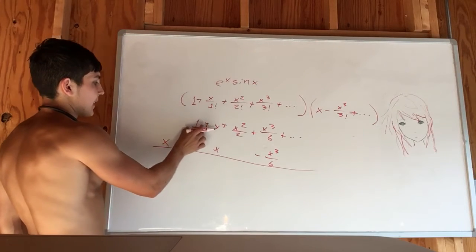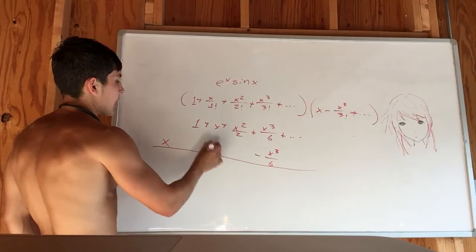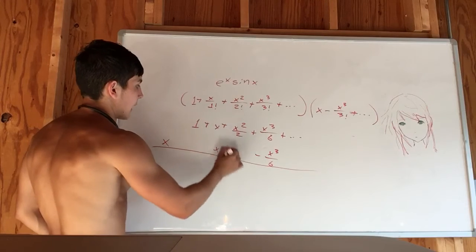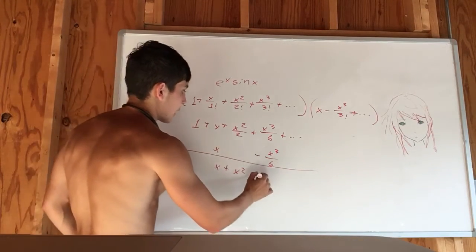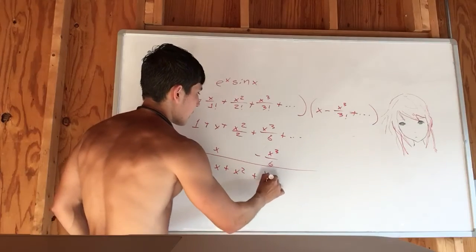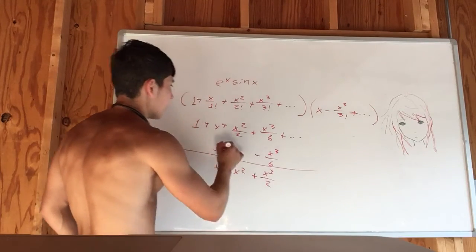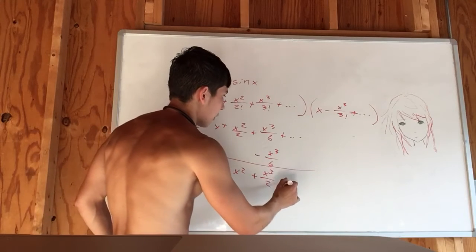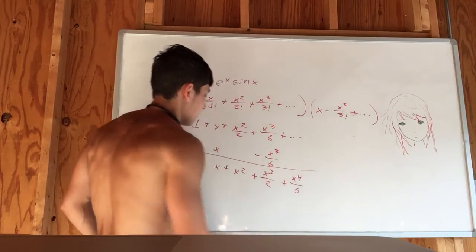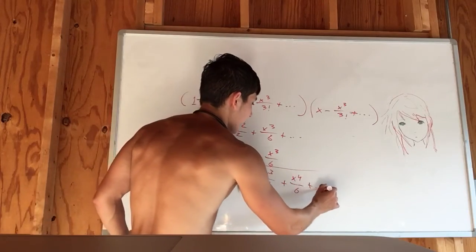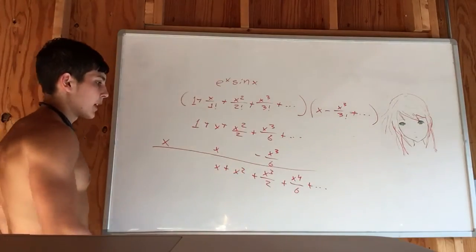When we multiply this to this, I write it right here. x times 1, x times x squared over 2 is going to give you positive x cubed over 2. x times x cubed over 6 is going to give you x to the 4th over 6. And that's going to keep going, but we're not going to write all these other ones.